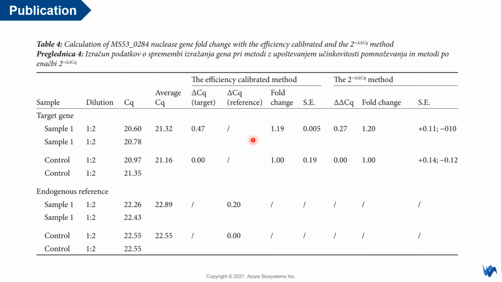Right, we have calculations for all of these methods. They are basically the same set of samples, but just different calculations. You have the efficiency calibrated method and the delta delta CT method over here. Right, I will not go into details on how to calculate this because it's quite hard without the mathematical equation.